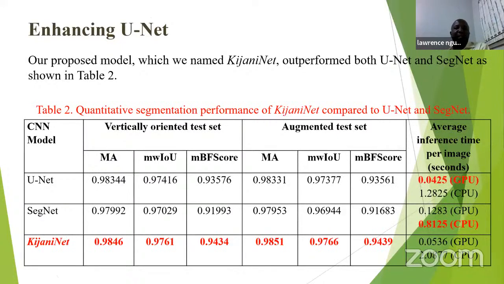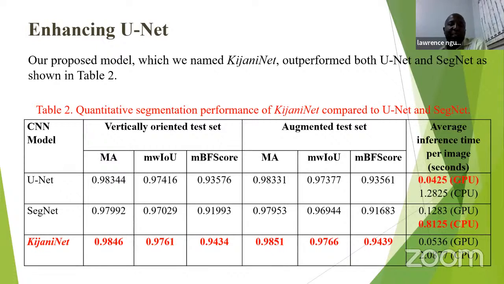We went further and enhanced the UNet network, which was the best performing network from the previous experiment. We enhanced the UNet network and formed a new network, which we called KijaniNet, whose performance was superior to both Segnet and UNet.